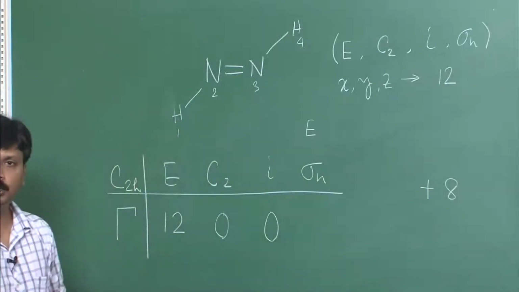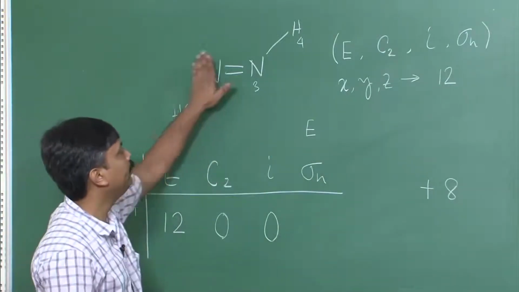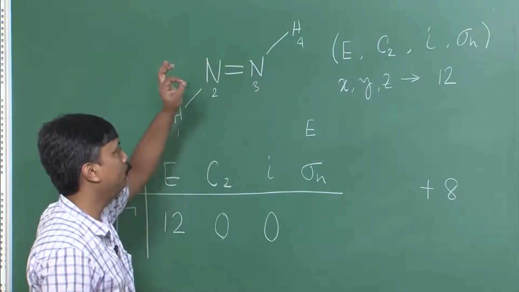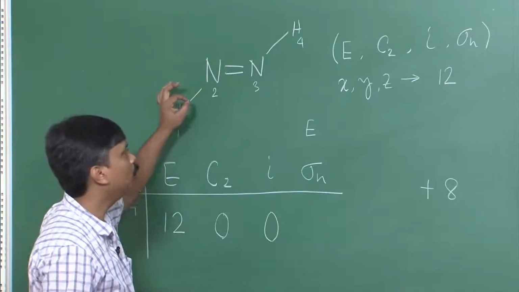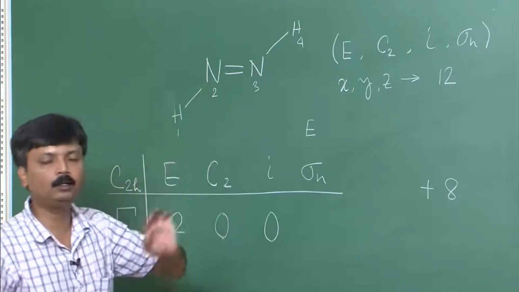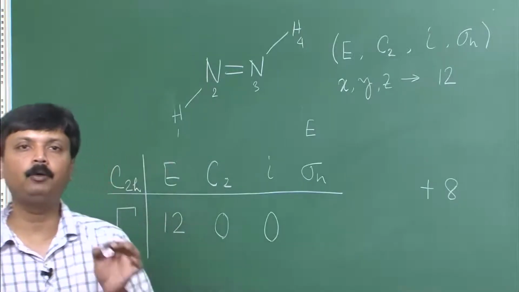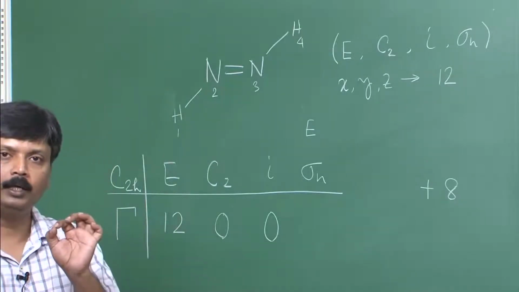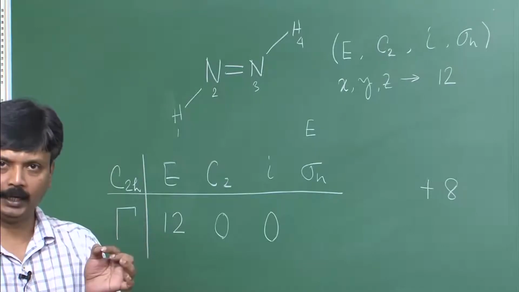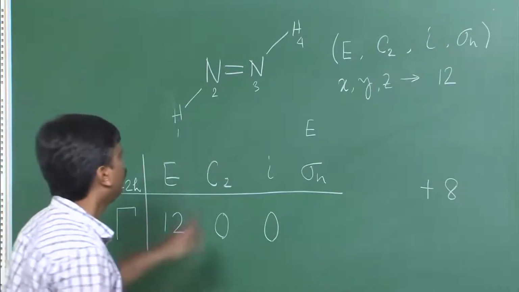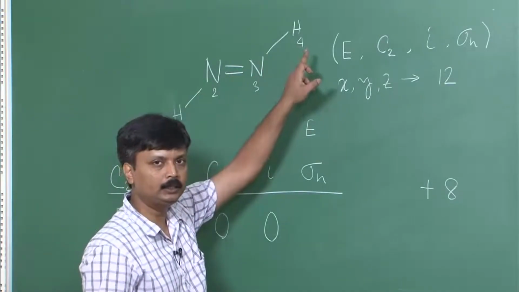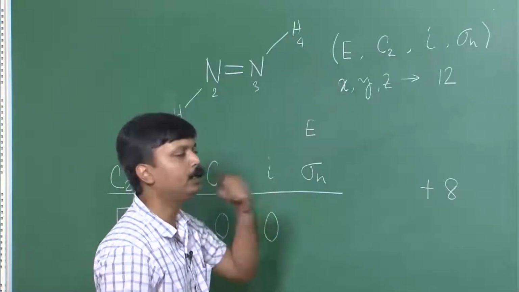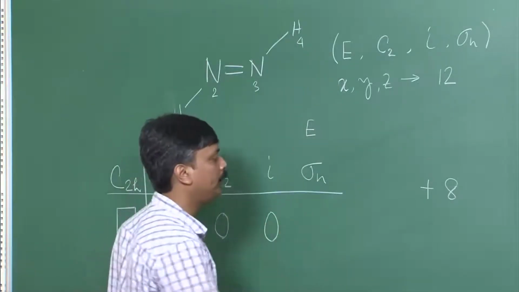Now, what about the contribution of z? When I reflect on this plane, plus z will become minus z, correct. So, each one of these z coordinates will contribute 1 to the diagonal, but with a negative sign, right. So, the 4 z coordinates z1, z2, z3, z4 will contribute -4 to the diagonal.